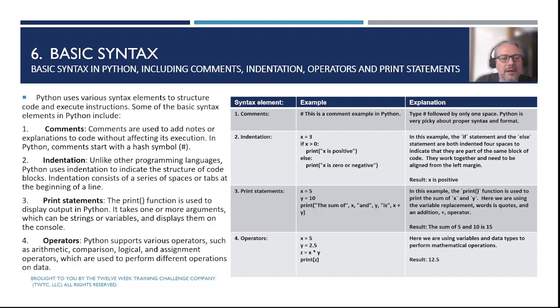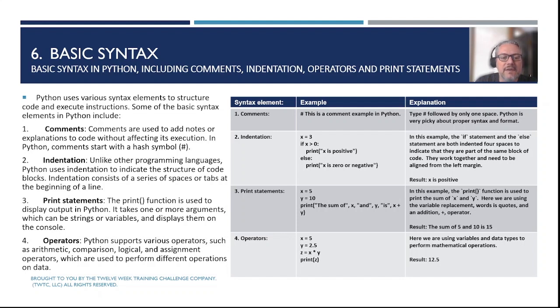Indentation. Unlike other programming languages, Python uses indentation to indicate the structure of code blocks. Indentation consists of a series of spaces or tabs at the beginning of the line. If you notice the indentation example on the right, x equals 3 is one code block that stores the value 3 into the variable x.